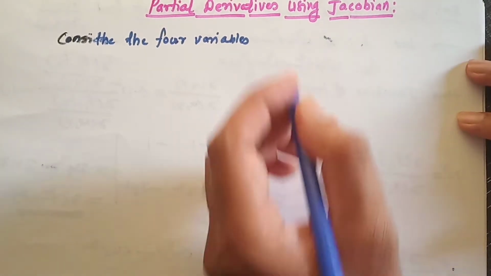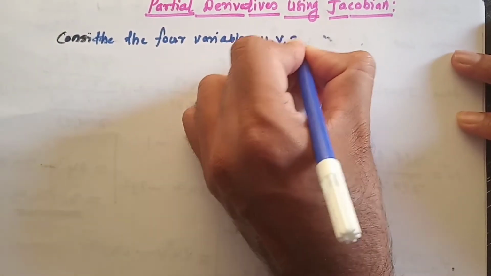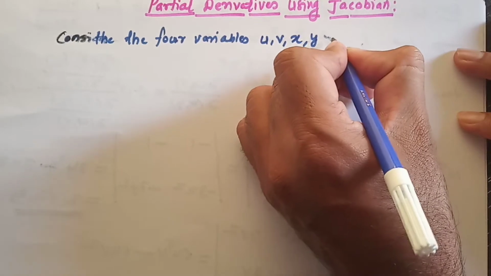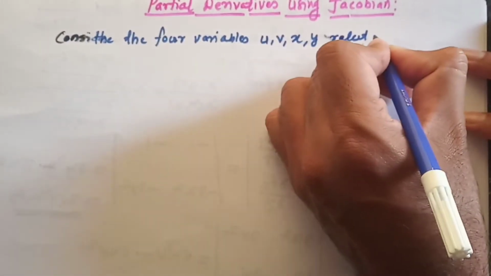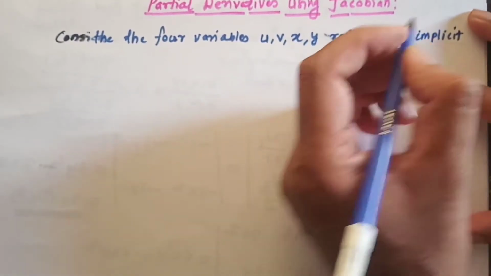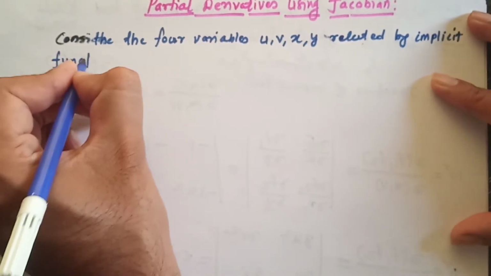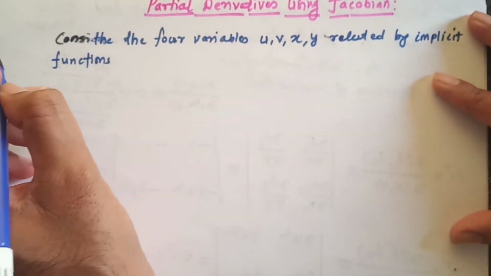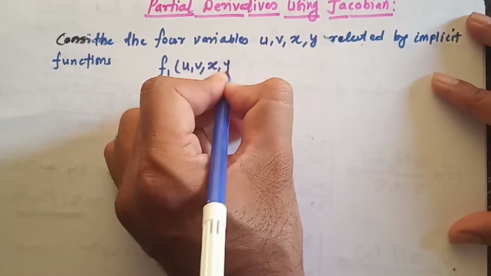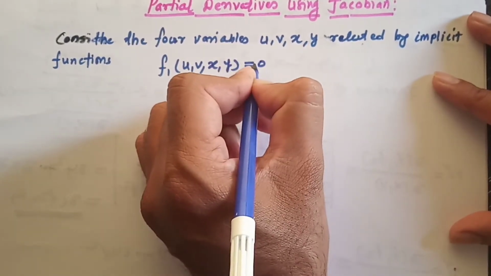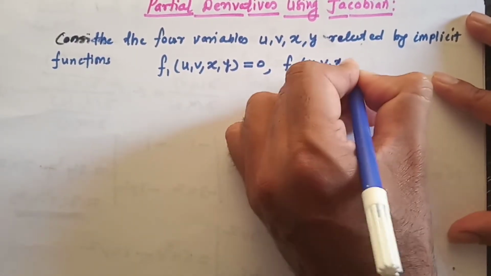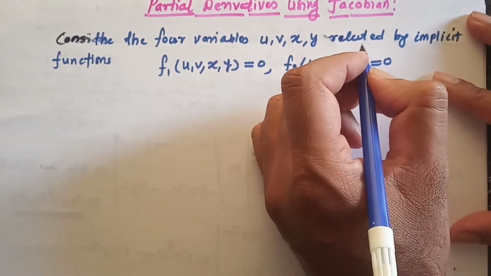consider the four variables u, v, x and y related by implicit functions, that is f1(u, v, x, y) equal to 0 and f2(u, v, x, y) is equal to 0.